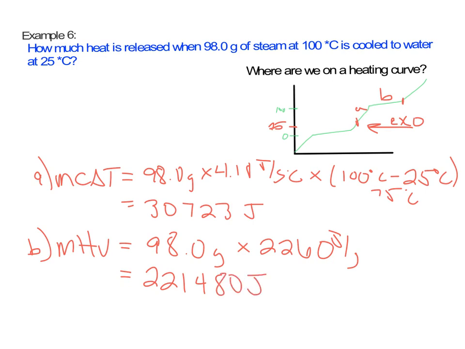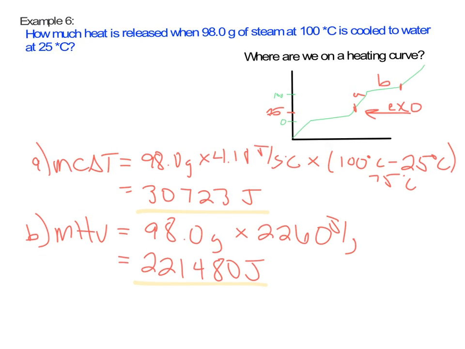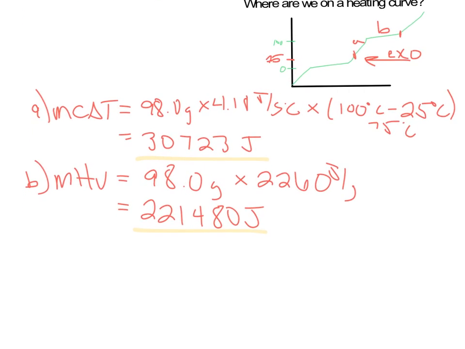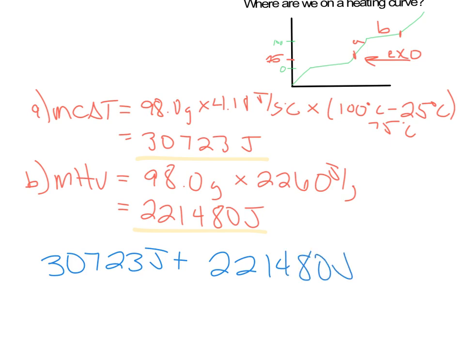So we've got our two numbers of joules for our two parts of our graph. We do need to add them together, and don't forget we need to flip the sign. So to find our total heat, we're going to have to take our two numbers, 30,723 joules, plus our 221,480 joules. Add those guys together.